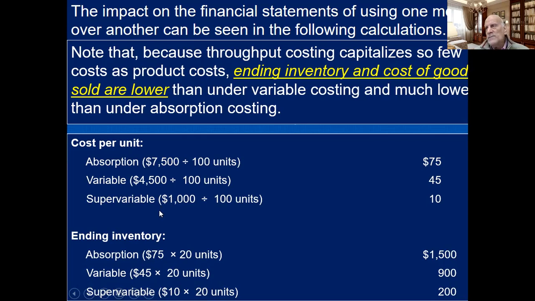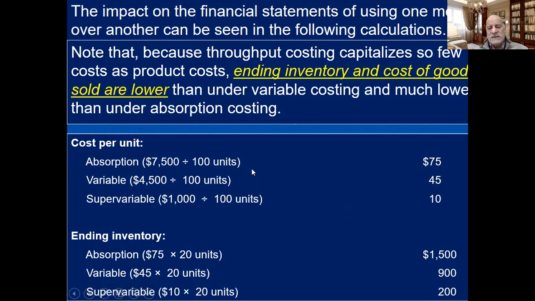Under the new method, called super variable, we divide the direct materials only by the units produced, so the super variable cost per unit is $10. This is the cost per unit under each of the three costing methods.